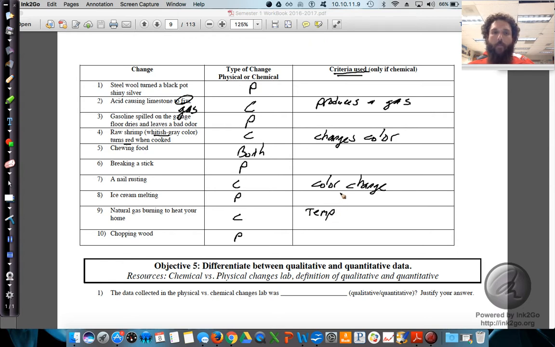We also have the color change. And we have the production of a gas. We have everything there. All right. So those are the answers to those. And for sure on the test, you're going to see problems like this. So if you don't understand these, make sure you send emails or talk to friends and get that figured out.